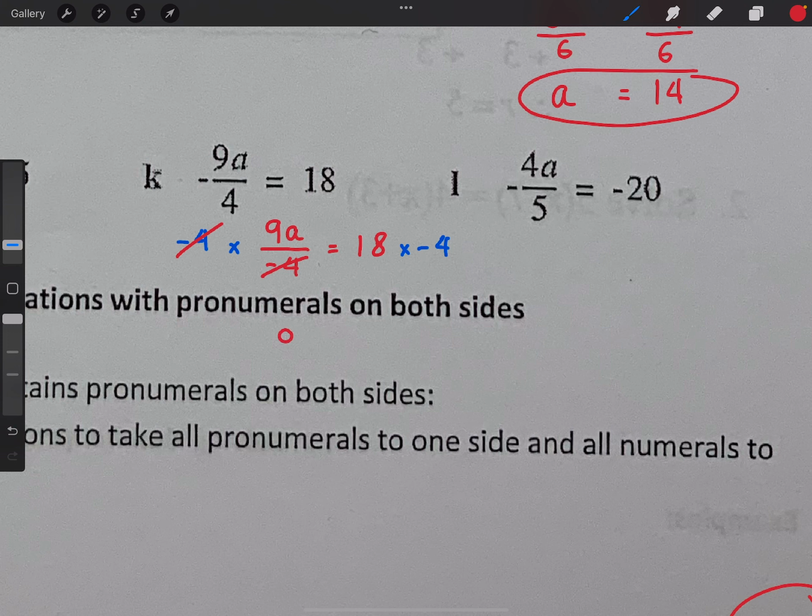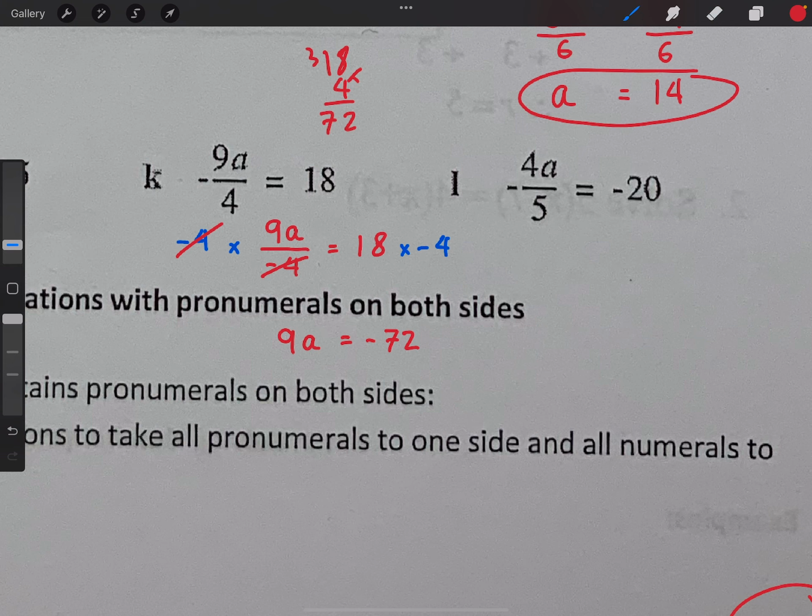So all you're left with is 9A is equal to, now what's 4 times 18? 4 times 18 is 72. Now, this is a positive multiplied with a negative, so that will give me a negative, so it'll be negative 72. So 18 times minus 4 is minus 72.